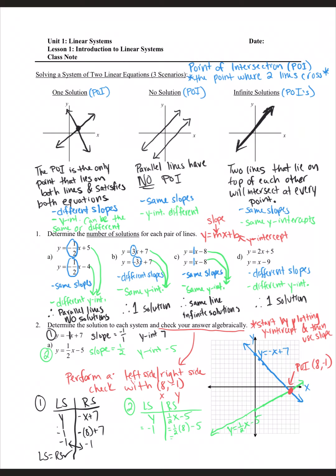Okay, so 1/2 times 8 is going to be 4 minus 5. And again, equals -1. So that point of intersection also works on equation 2. So again, we can say the left side does equal the right side. It does check out. So we can just wrap everything up by saying, therefore, the point of intersection is 8, -1. It checked out algebraically, so we conclude that that is in fact accurate.